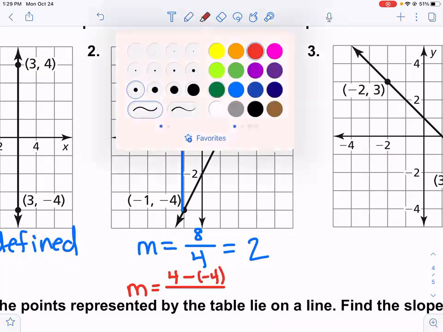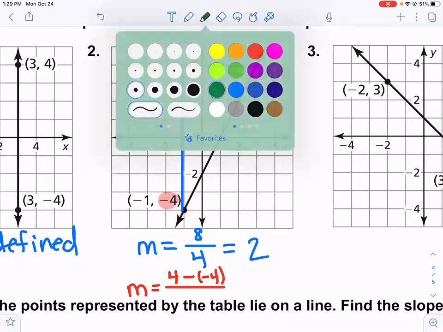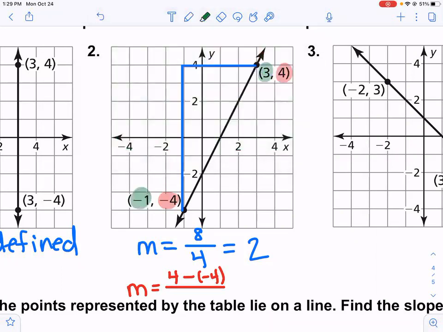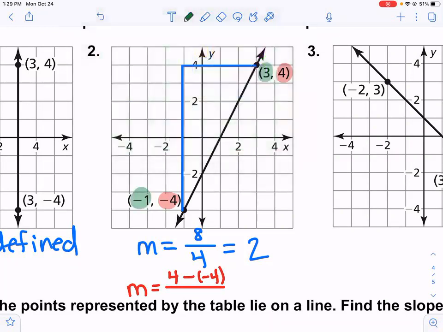I took y coordinate minus y coordinate. For the run, I am now going to take x coordinate minus x coordinate.